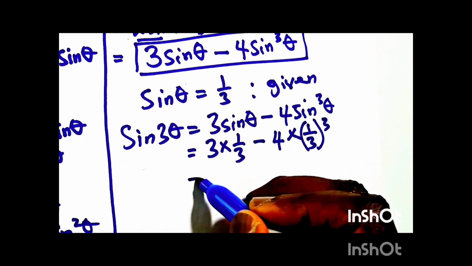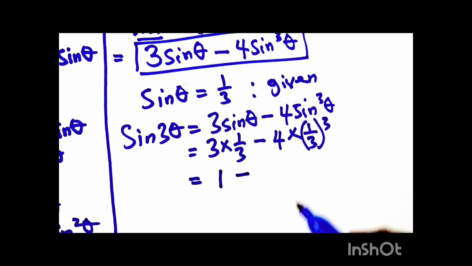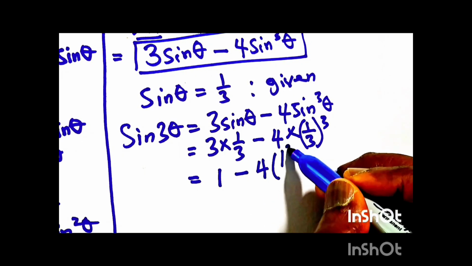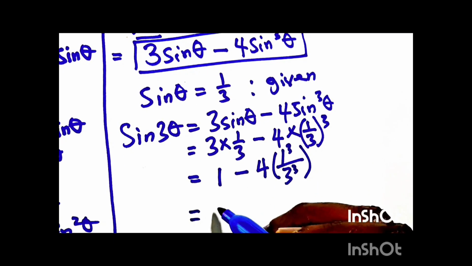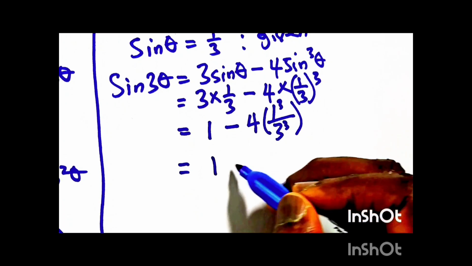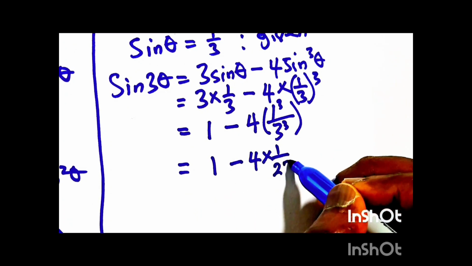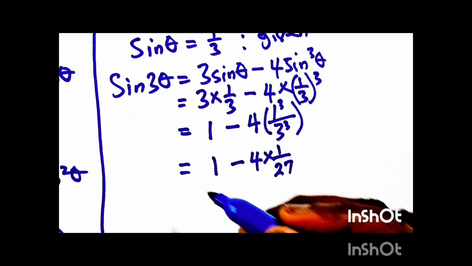So in that way, this is just going to give us 3 times 1 over 3, which is 1, minus 4 into bracket 1 raised to the power 3 divided by 3 raised to the power 3. Fine. And this is going to give us 1 minus 4 times 1 over 27, because 3 raised to the power 3 is 3 times 3 times 3, which is 27.